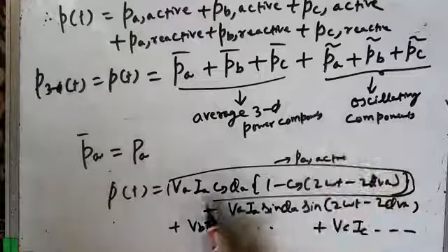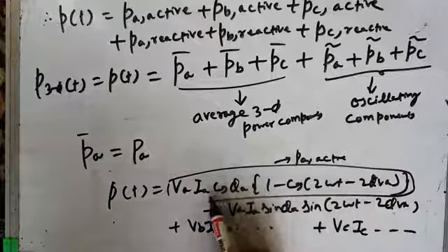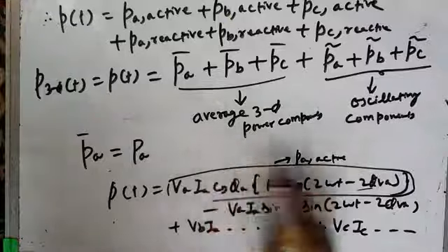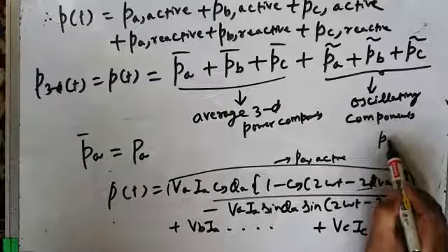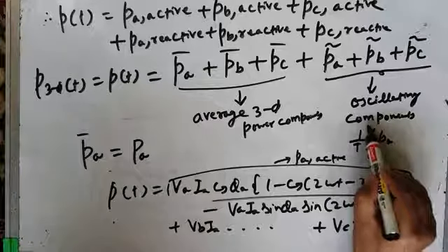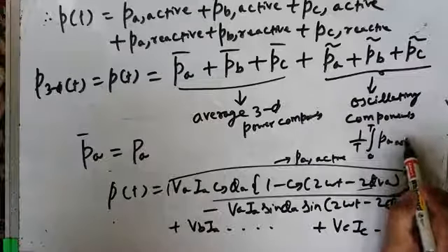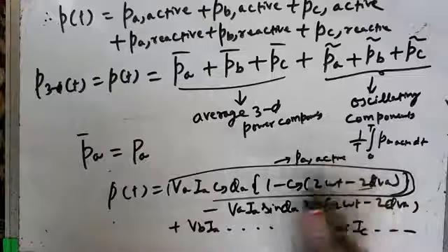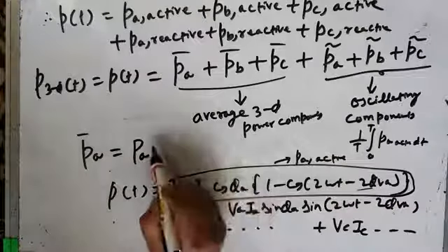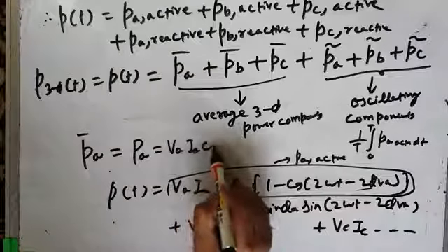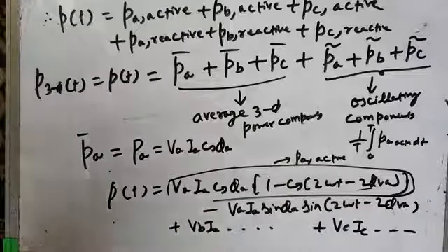And if you find the average value of this instantaneous active power, how can you find it? You can find the average value by integrating PA active dt from 0 to t. When you integrate, this term becomes 0, so this comes out to be VAIA cos phi A. Simple.